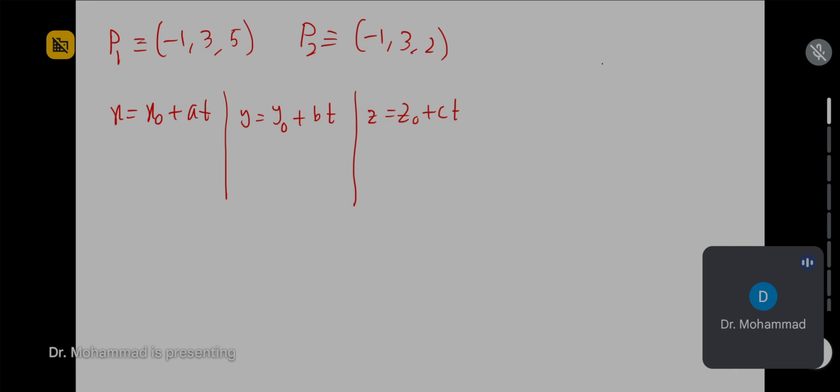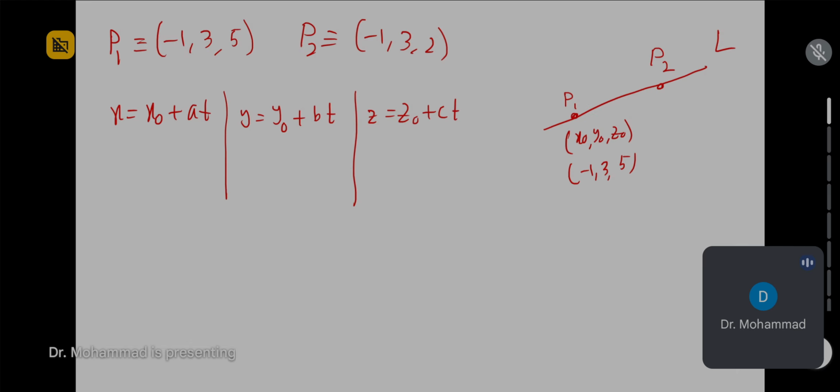Why can you choose either? Because this is the line, let's say L, passing through the point P1 and through the point P2. So you can choose any one for x naught, y naught, and z naught. Let's say P1 is x naught, y naught, z naught, so it means (-1, 3, 5).